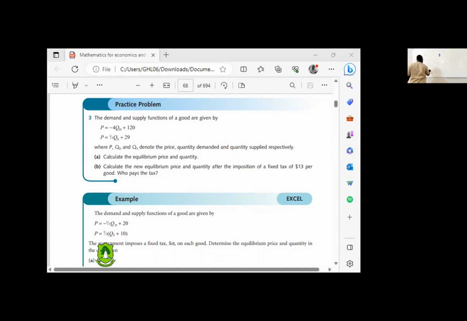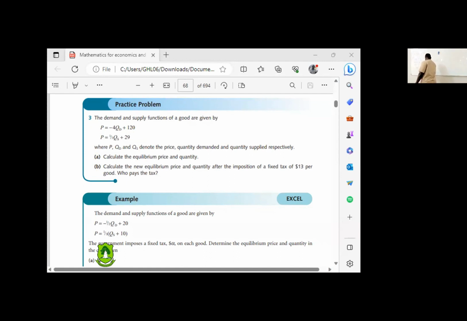So we have 91 is equal to 1 over 3Q plus 4Q. Let's multiply both sides by 3 to do away with the fraction. We multiply here by 3, here by 3, and here by 3. So this times 3 will give us 12Q, and this one will cancel this.